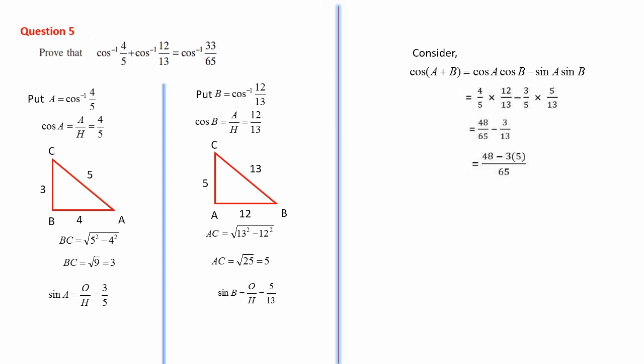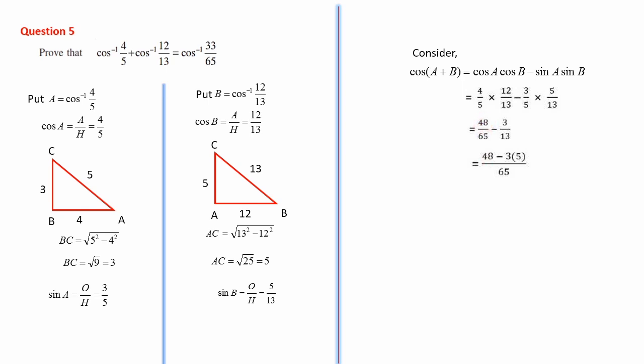So when we take the LCM of 65 and 13, the LCM is 65, and here the denominator is 65, that is why 48 will come as it is. And when you divide 65 by 13, we get 5. That 5 you have to multiply with the numerator, that is 3 into 5. This is the way we take the LCM. Here the denominator is the same as our common denominator, nothing to multiply.